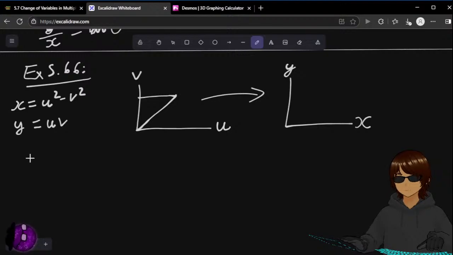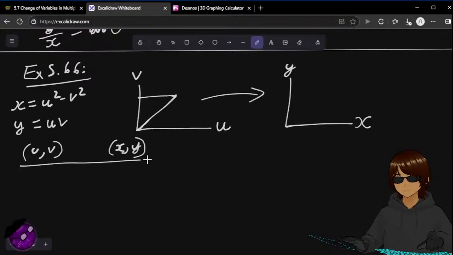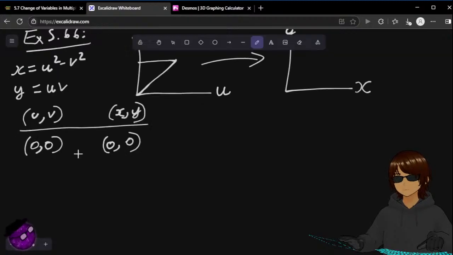So point 0, 0 in the UV plane is 0, 0 in the XY plane. 0, 1: u is 0, v is 1, right?